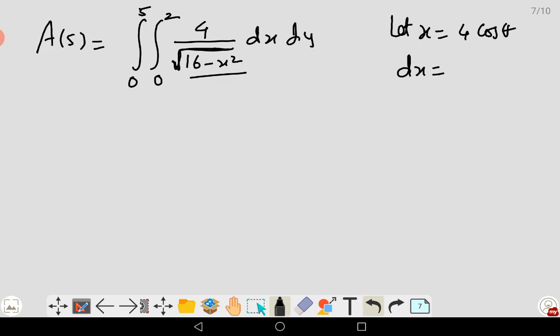Let's take x equal to 4 sine theta. That's right, because when there is a square minus x square, it should be 1 minus sine square and 1 minus cosine square, isn't it? In this case we take it as sine theta, because sine, secant and tan, we have 3 options, so it should be 4 sine theta, not cosine theta.